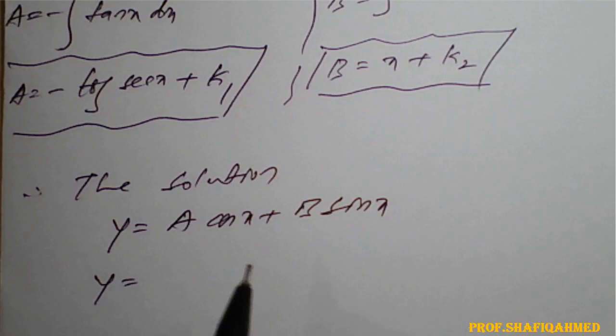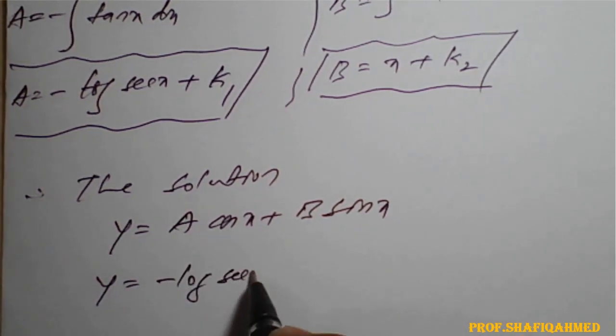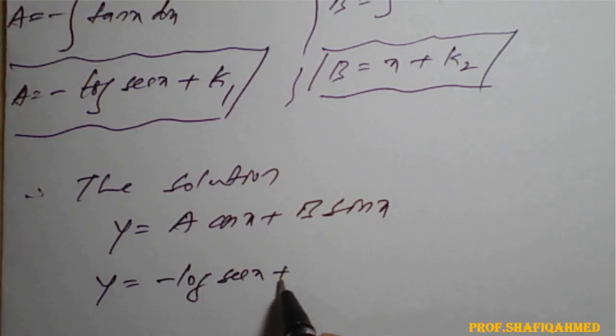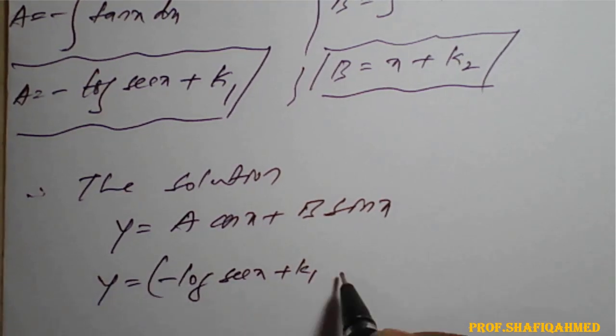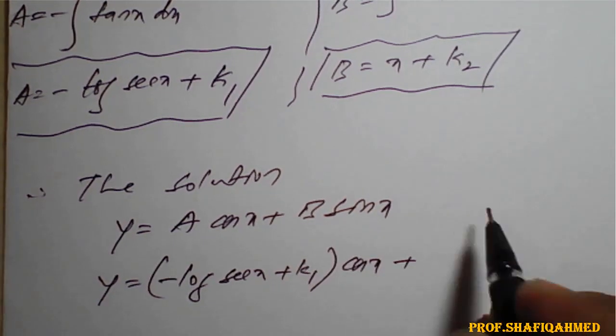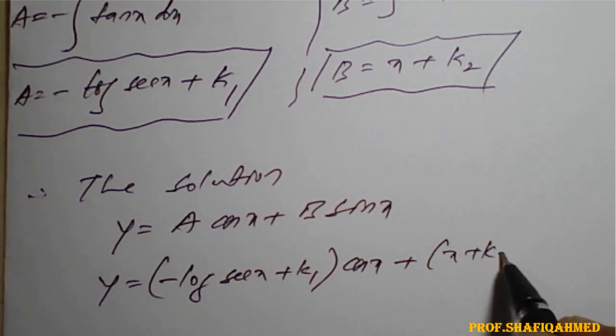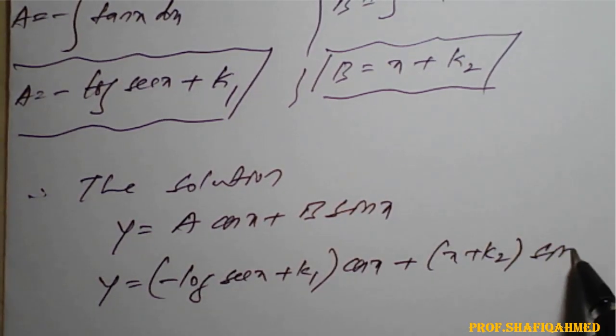The value of A we got is minus log of secant x plus k1, into cos x, plus the B value, which is x plus k2, into sin x.